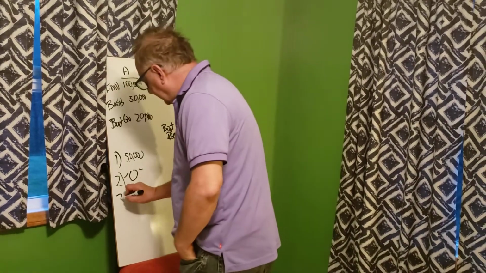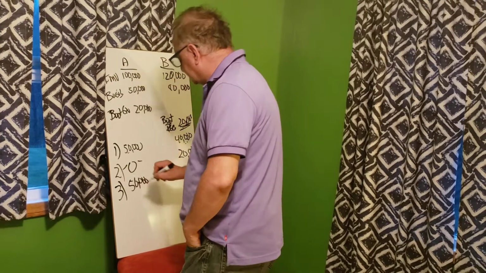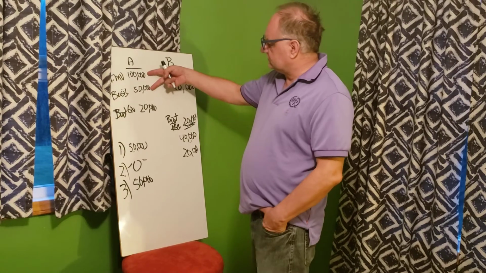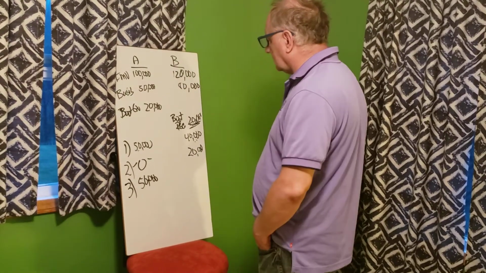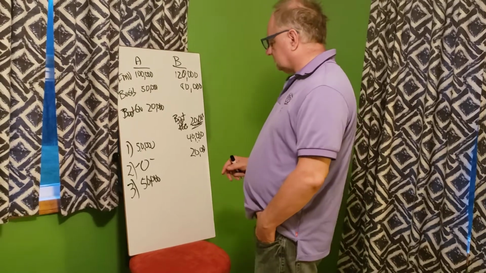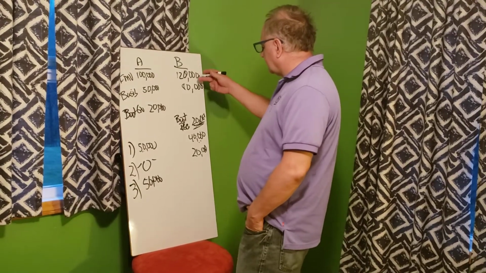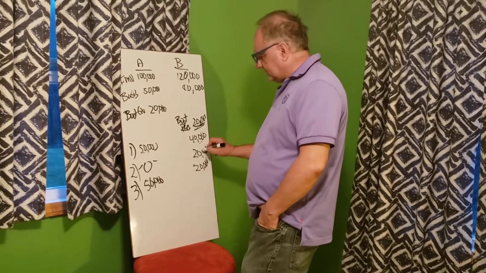Okay, 3, my deferred gain here is $50,000, the difference between those two numbers. And $20,000, which is the 40 minus the 20.